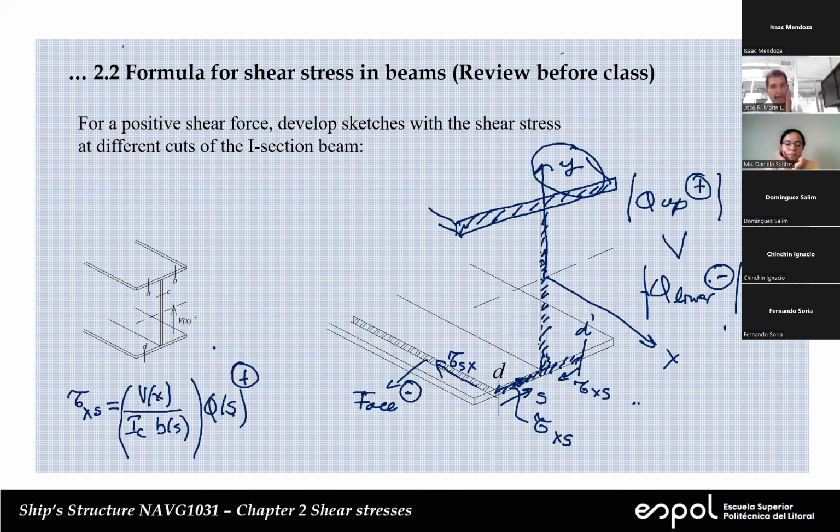Okay, people. Are there any questions about this? Yes, doctor, I had a question. In the case of non-symmetrical I-beams, why does the shear stress change?